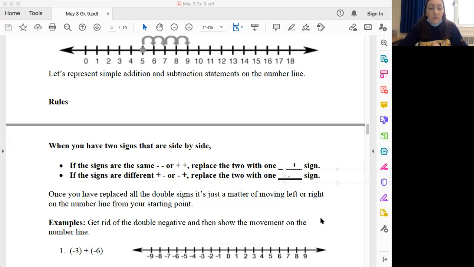Once you have replaced all the double signs, it's just a matter of moving left or right on the number line. So if you ever get two signs, a plus or a minus right beside each other, you need to change those, and then you can work on the number line and finding the answer. So I'm going to erase this, and we're going to do a few examples.